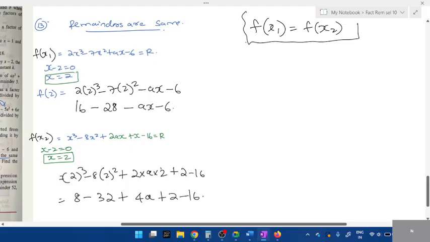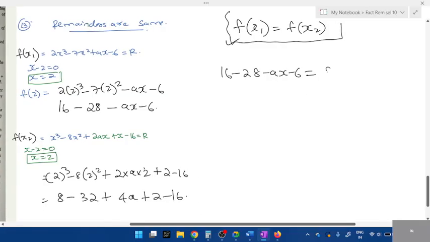Now use this concept: f of x1 is equal to f of x2. Take the f of x1 value: 16 minus 28 minus 6 is equal to, what is the f of x2 value? 8 minus 32 plus 4a plus 2 minus 16. Why am I writing like this, students? What's the reason? Because they told us the remainders are the same, right?